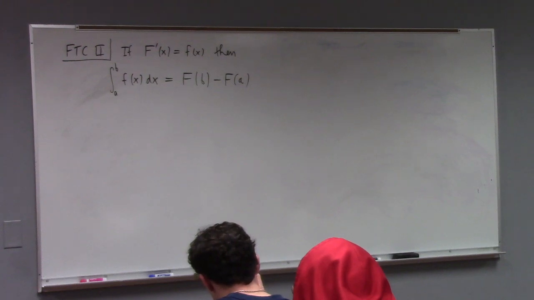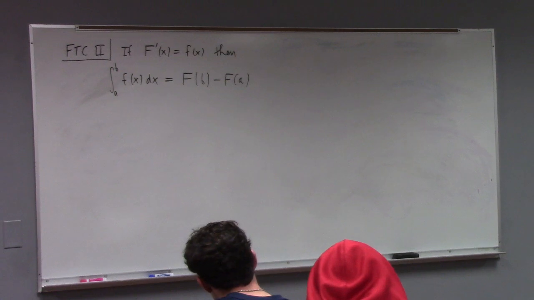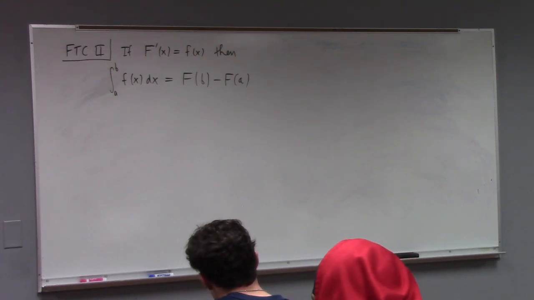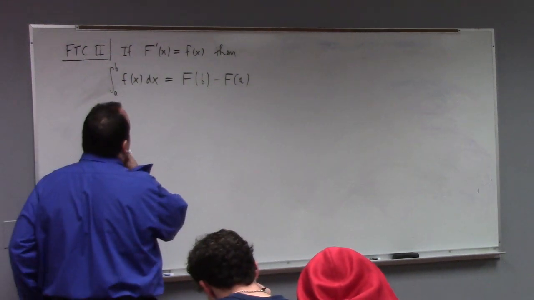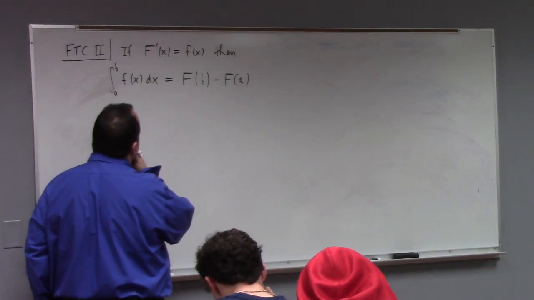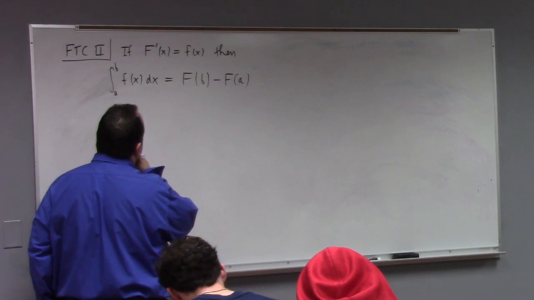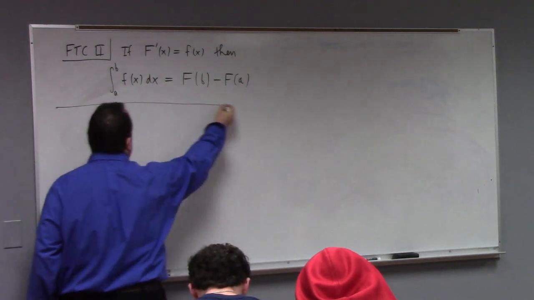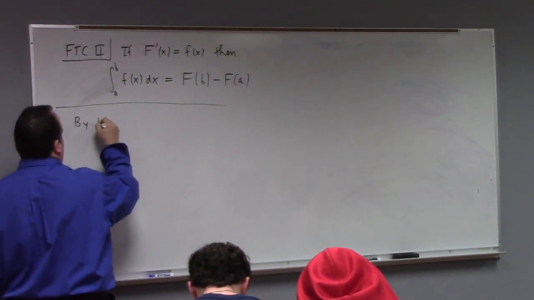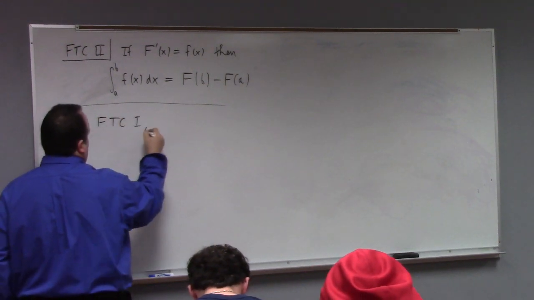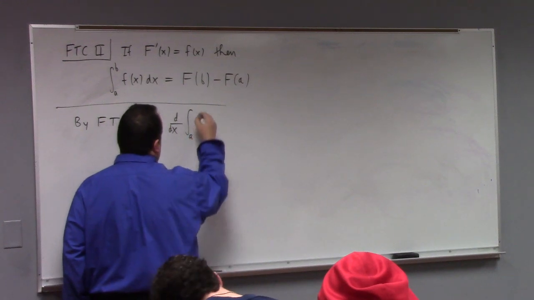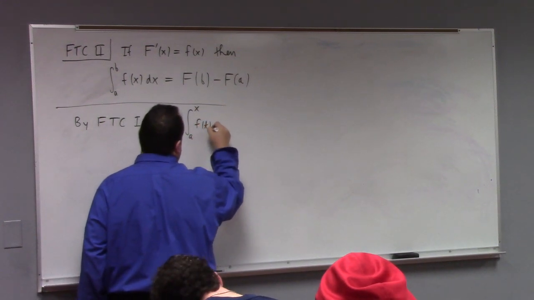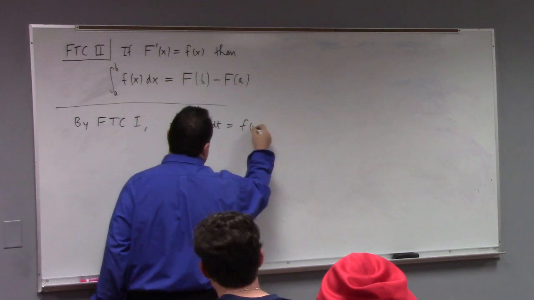So, let's see here. By FTC1, we know that d/dx of the integral from a to x of f of t dt is equal to f of x, right?